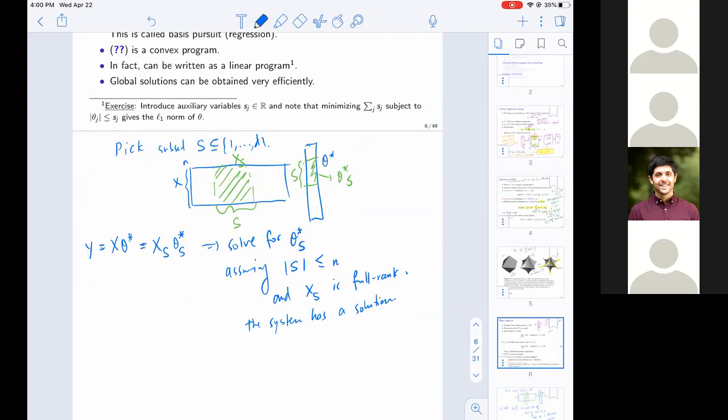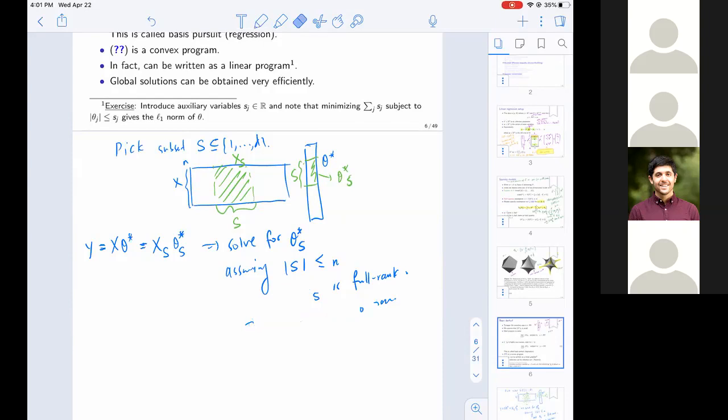So you basically have to try, sorry, it might not have a solution. This is not necessarily correct. It's going to have a unique solution if it has a solution at all.